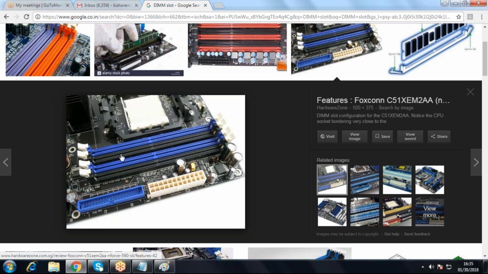When you have different capacities or different speeds in same colored slots, it is flex mode. Same color, it is flex mode. Even if you have the same capacity and same speed RAMs in different color slots, it will be single mode only.